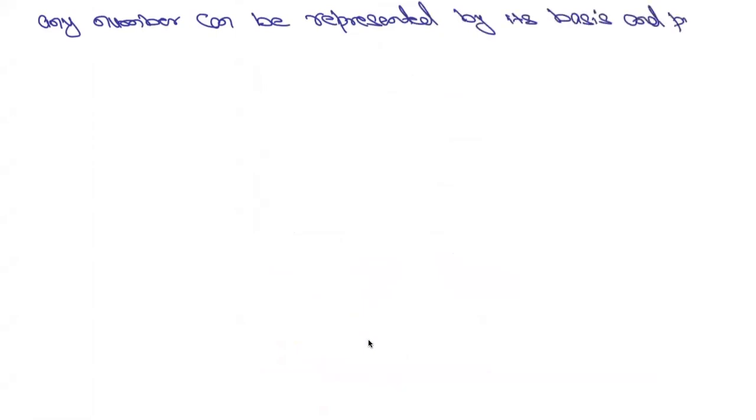That means any number can be represented by its basis and position. And what is basically position? Position is basically 10 to the power x, right? 10 to the power x, and x depends upon where we are using this thing, right?